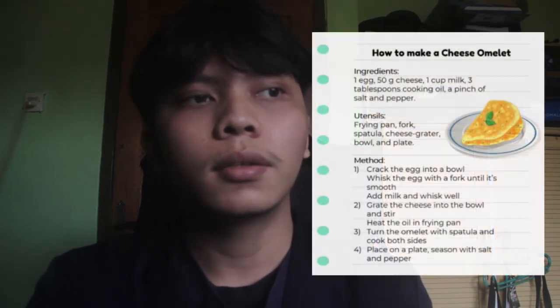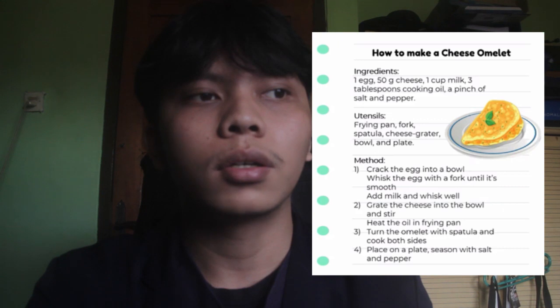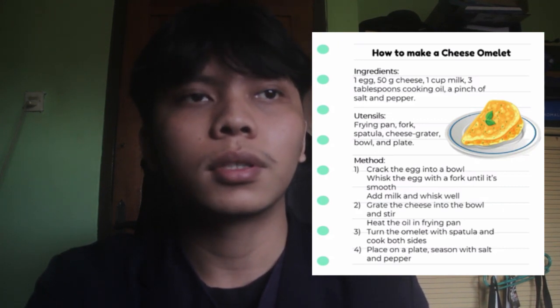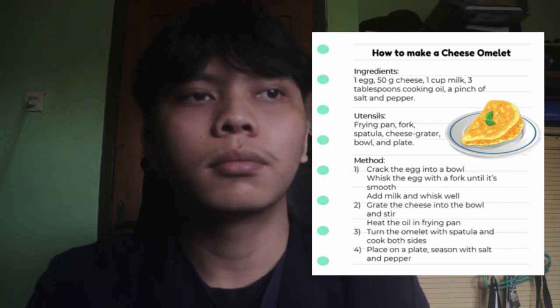You can see from the title or the goal or aim, how to make a cheese omelette, and it's the method of making omelette. For the second question: the following are methods of making cheese omelette except A. Cracking the egg. B. Whisking the egg. C. Adding milk.